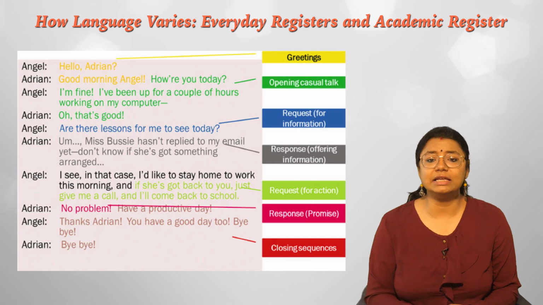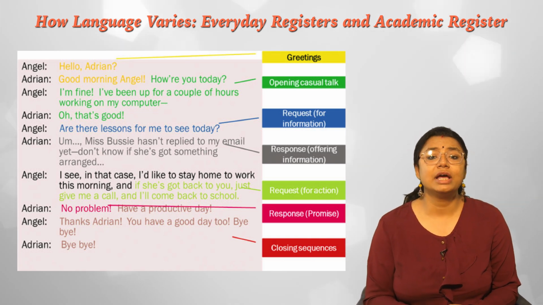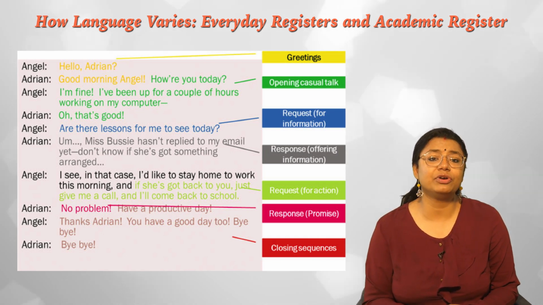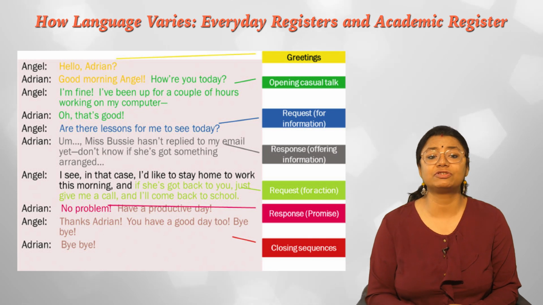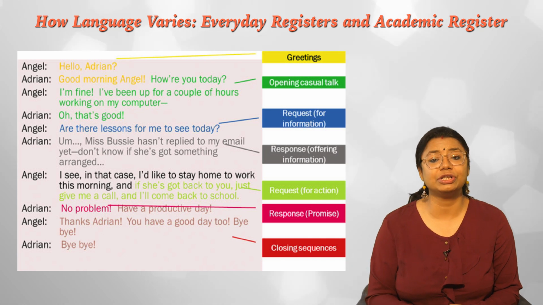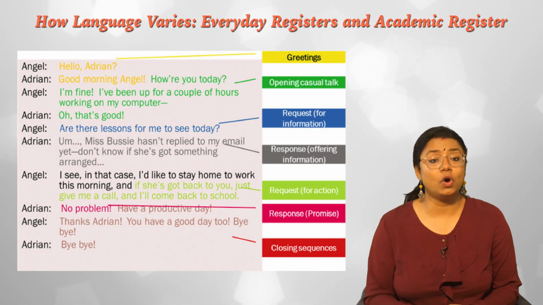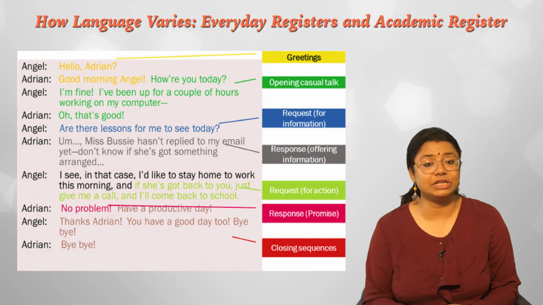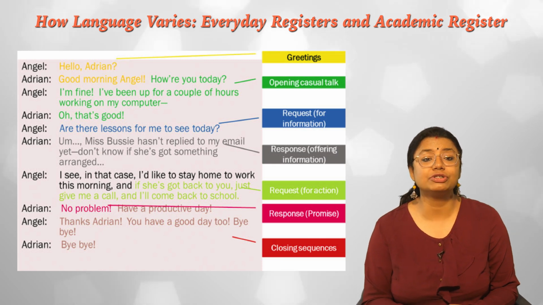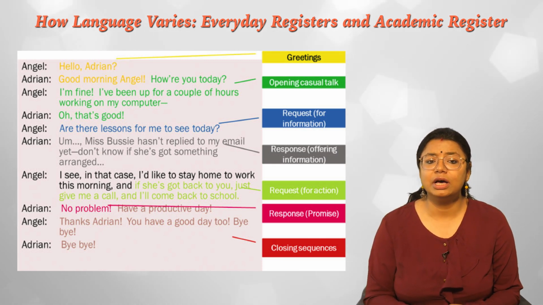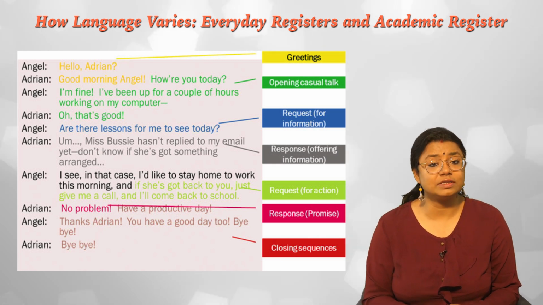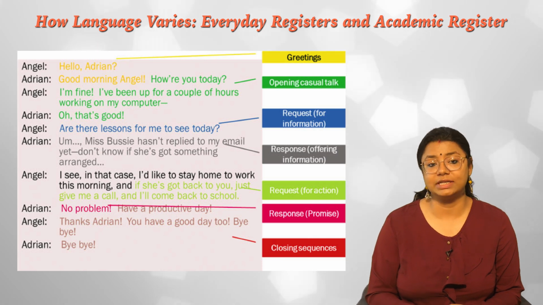This figure shows an analysis of the rhetorical stages or schematic structure or genre structure of text A. It can be seen that the primary communicative or social purpose of the exchange seems to be one of requesting information and action and responses to these requests, and goes through a recognizable sequence of stages: greetings, opening casual talk, request for information, response offering information, again request for information or action, response offering a promise, and closing sequence.